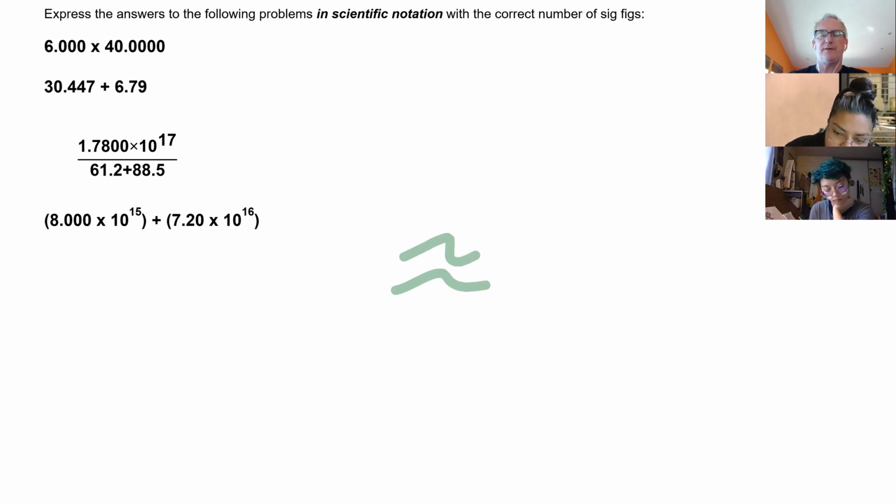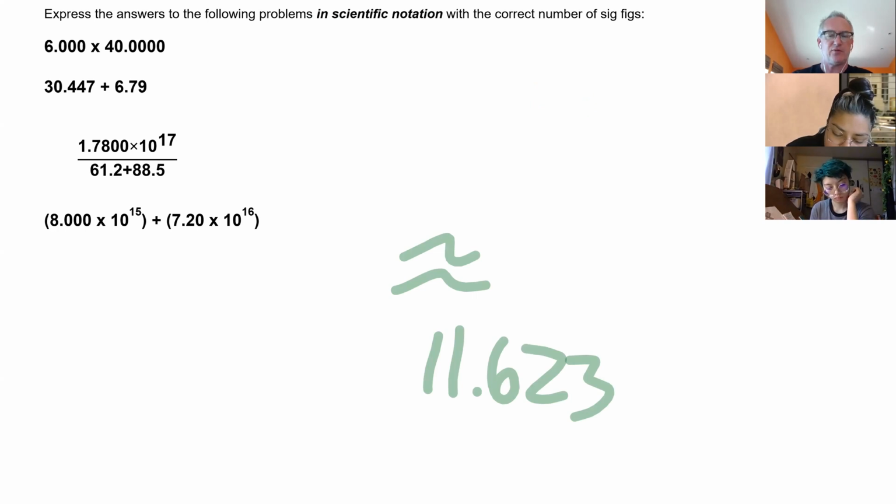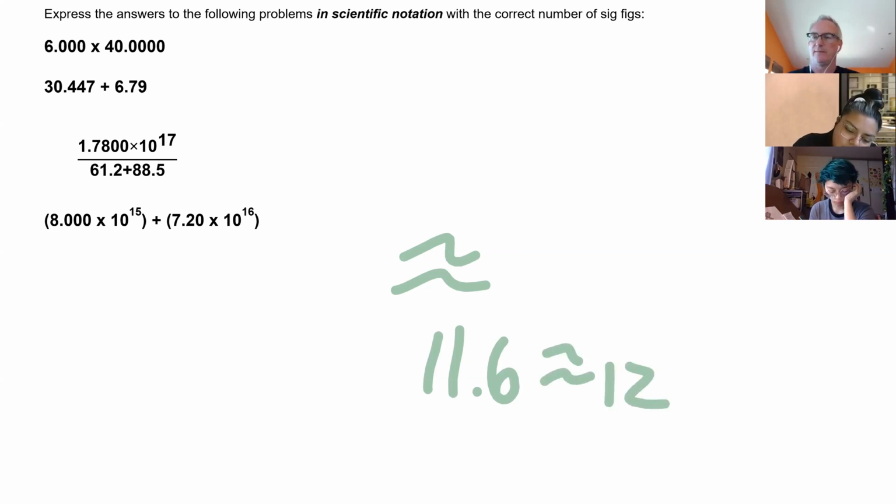For instance, if you calculated something to be 11.623, or let's just say 11.6, you could say that that's approximately 12.